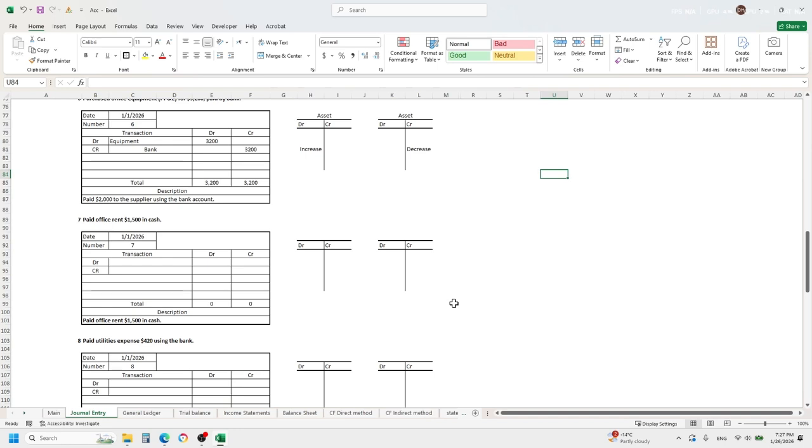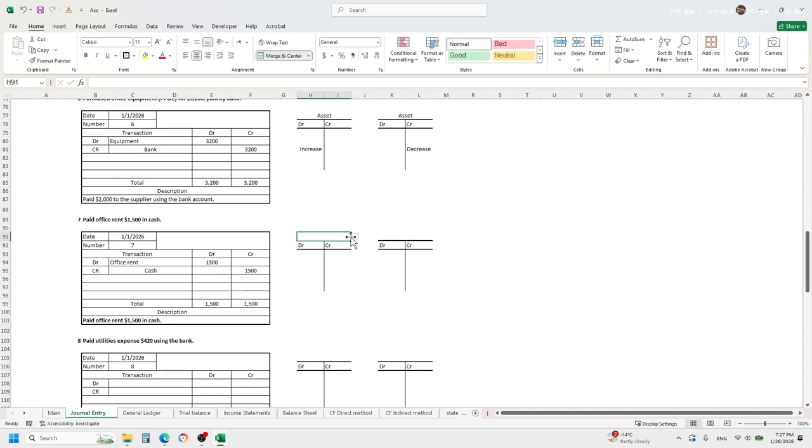Number 7, paid office rent 1,500 in cash. For the two accounts affected, expenses increase, so we debit, and cash decreases, so we credit. So office rent increases and cash decreases, 1,500.